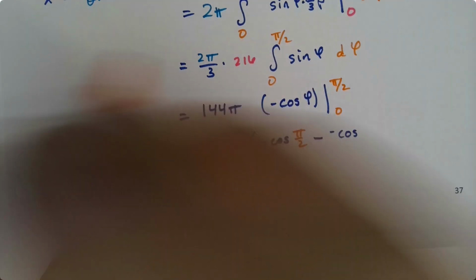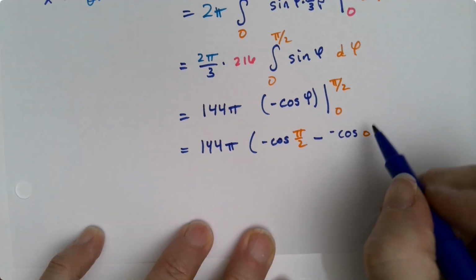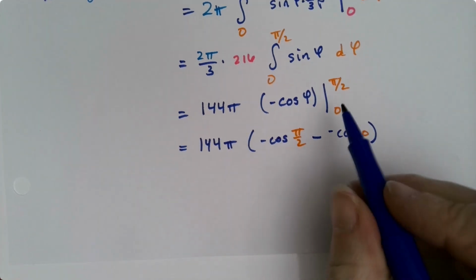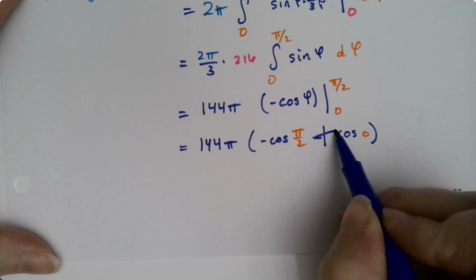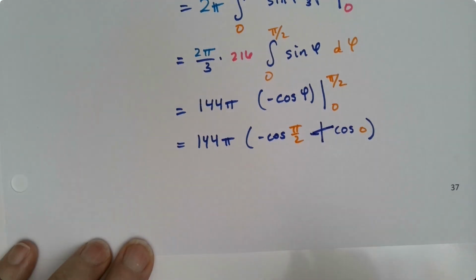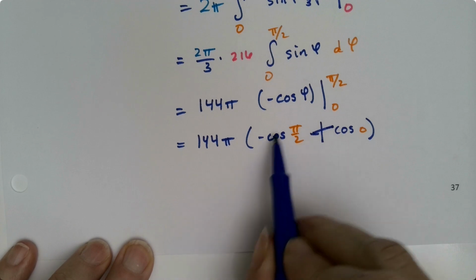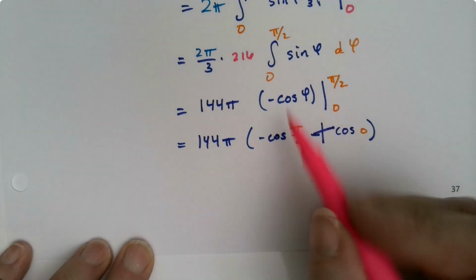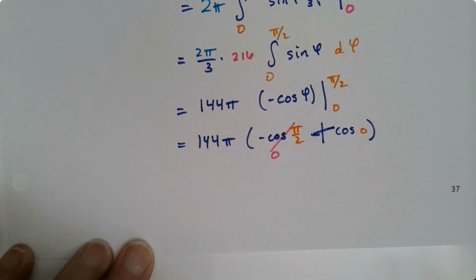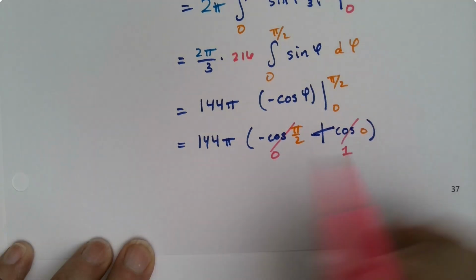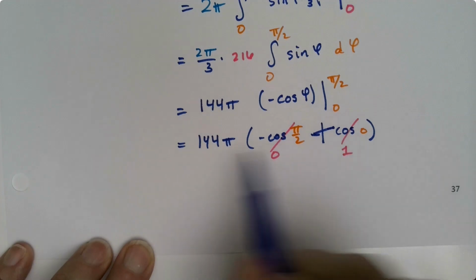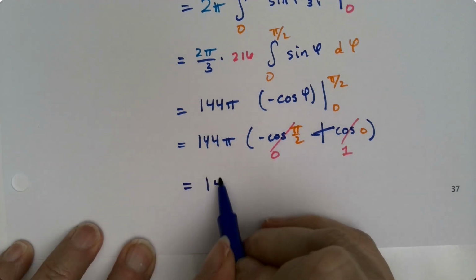All right, so let's think about that for a second. Minus a minus is really plus, so we can crisscross that and make that into a plus sign. And then negative cosine, the cosine of pi over 2 is 0, and this is 1. So it's really 1 times 144 pi, which would be 144 pi.